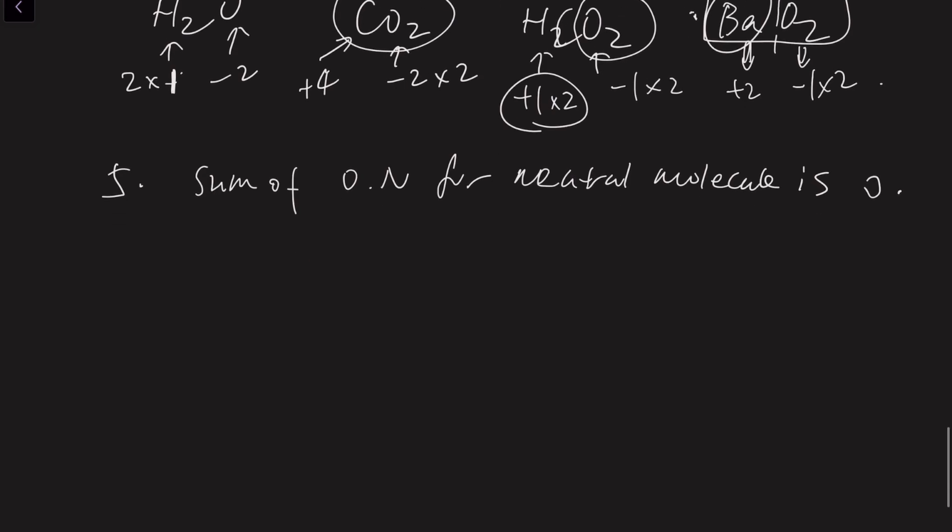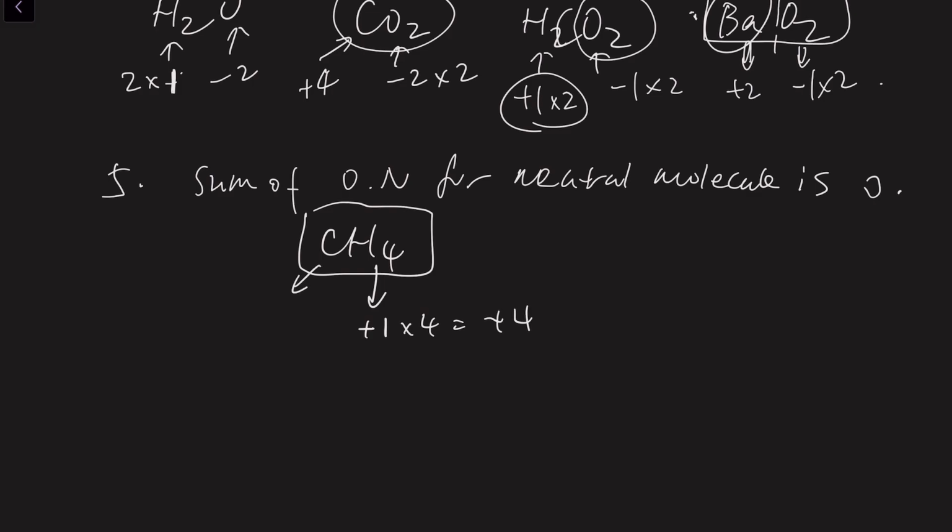For example, methane. It is a neutral molecule, so the sum of oxidation numbers should be 0. We know that hydrogen has an oxidation number of +1, and we have 4 of them. To balance this, the oxidation number for carbon must be -4.